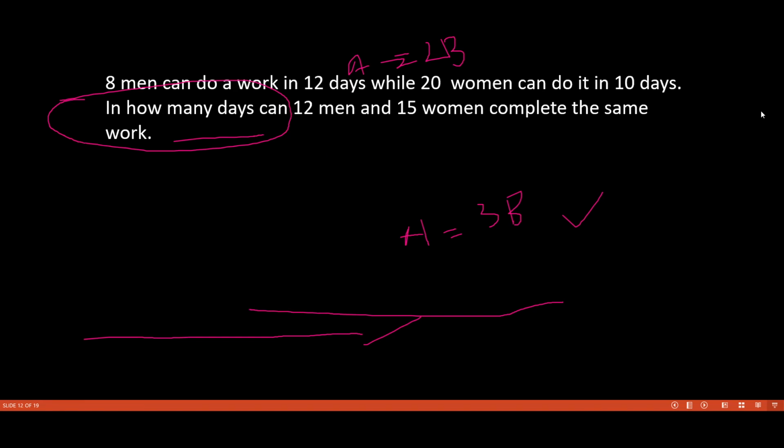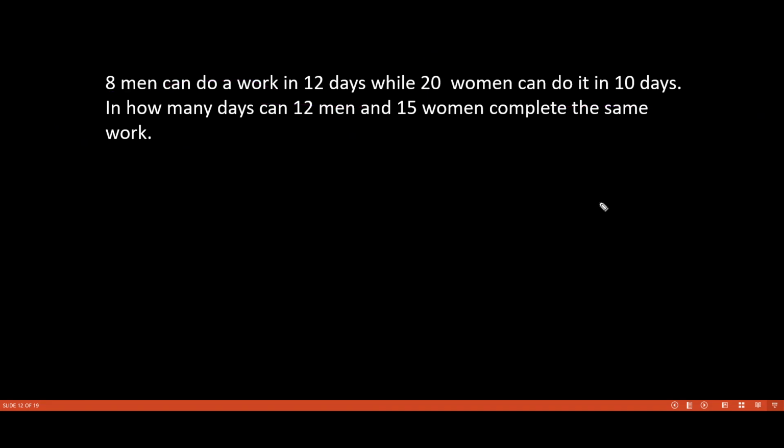Now let's see. The question is given: 8 men can do a work in 12 days and 20 women can do it in 10 days. In how many days can 12 men and 15 women complete the same work? All right. So let's say X is the efficiency of men and Y is the efficiency of women.